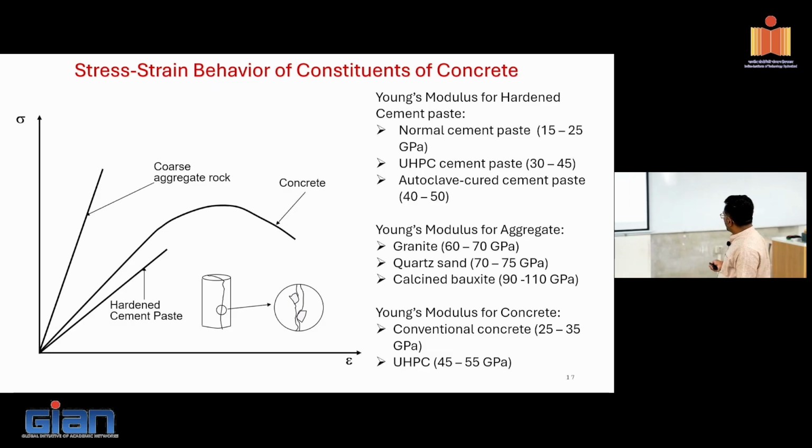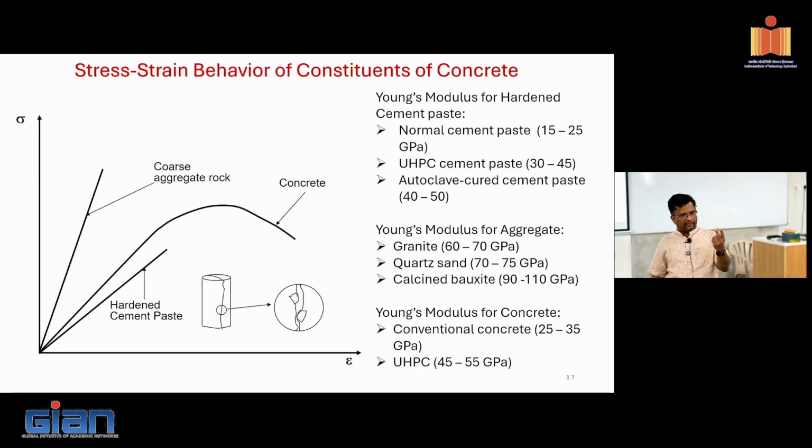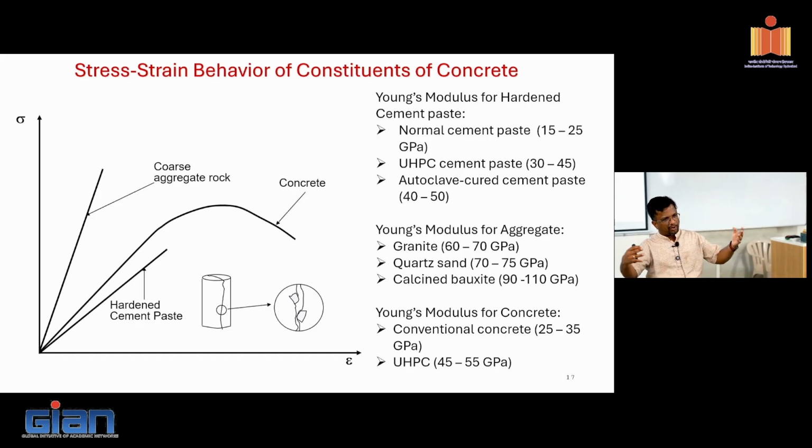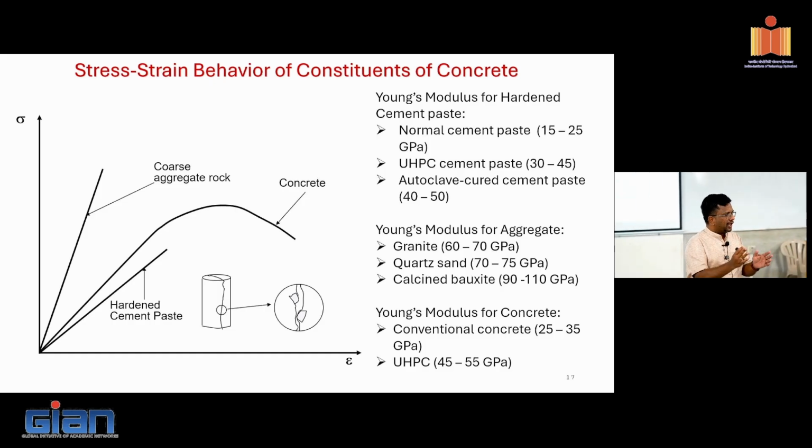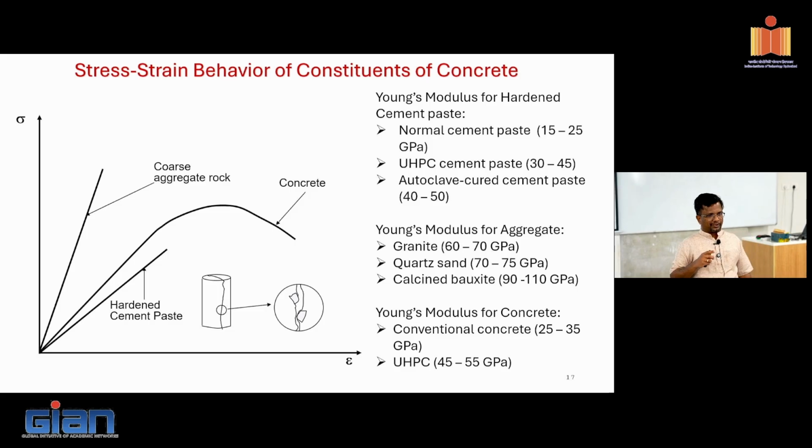Let's say if I take 25 and 50, E becomes twice. Also, because I put a lot of pre-stress, I can use the gross moment of inertia, not the cracked moment of inertia. So I get tremendous improvement in my flexural rigidity. That's the reason precast can do a very optimized design if they combine UHPC and pre-stressing.